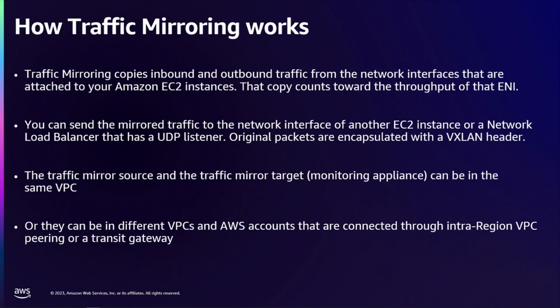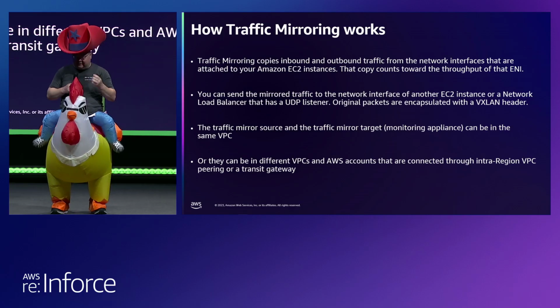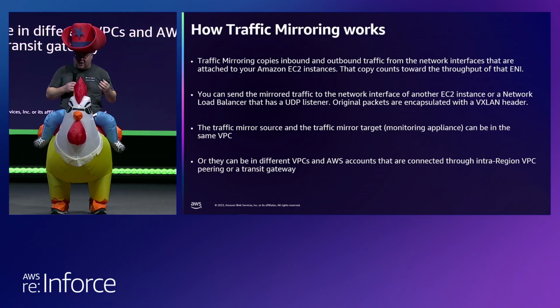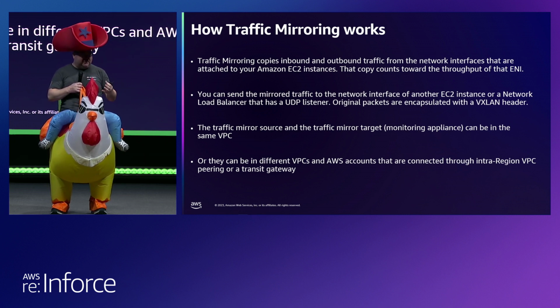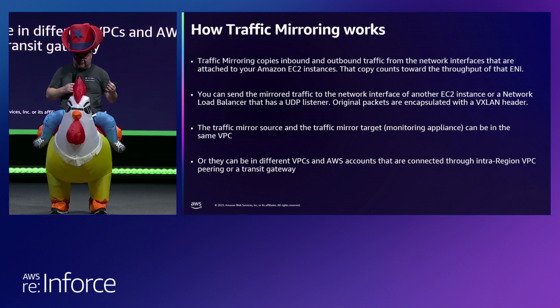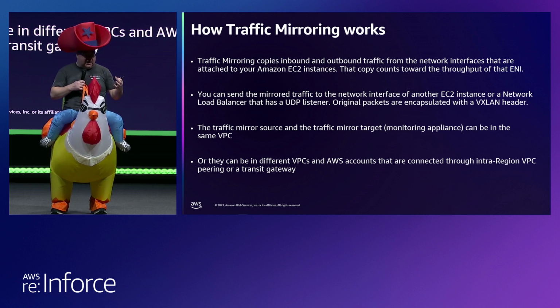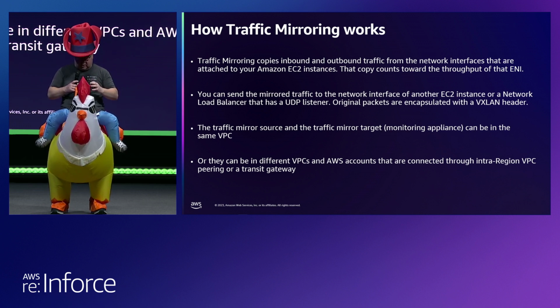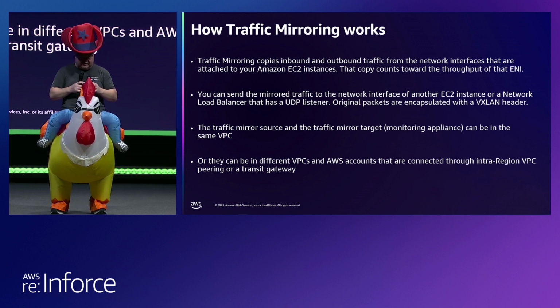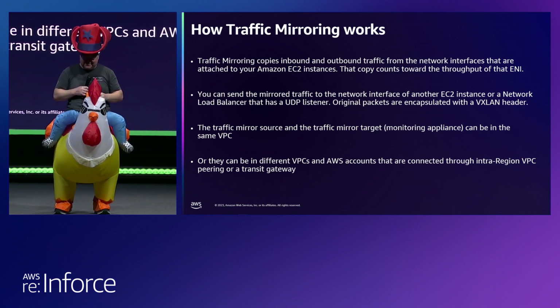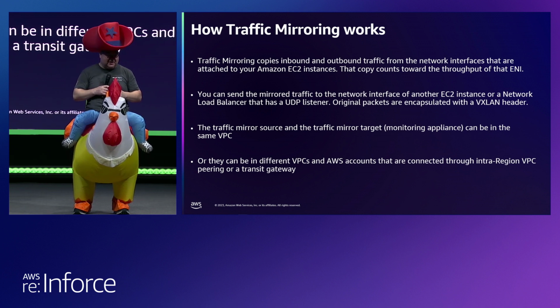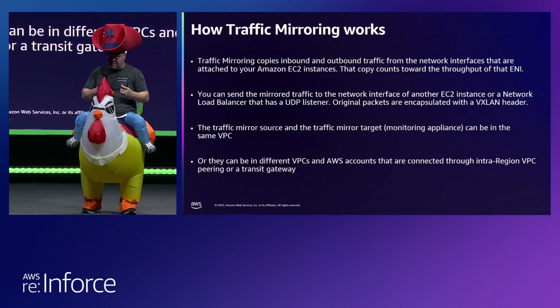So, okay, how does traffic mirroring work? Interesting question. It works like this. On our SDN, our software-defined network underneath in our hypervisor, we're taking those packets. We're going to encapsulate them. There's the word I was looking for. Encapsulate them in a VXLAN packet.